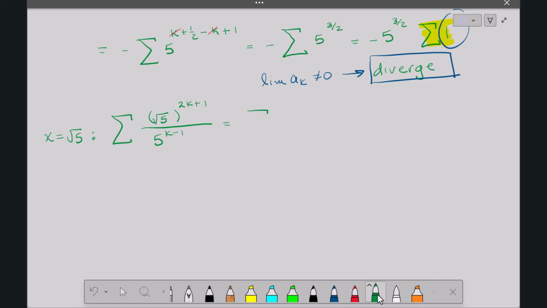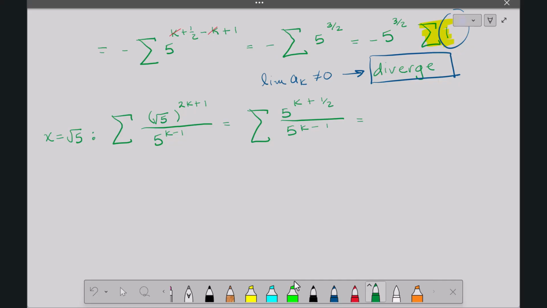So once again, in the numerator, we are going to deal with this square root of 5. We're going to turn that into 5 to the half. And that's going to be multiplied by this other exponent. Power to power you multiply. So 2k times 1/2 is going to be k. 1 times 1/2 is 1/2. So there's the numerator. Here's the denominator.